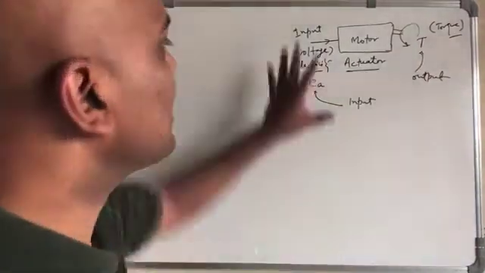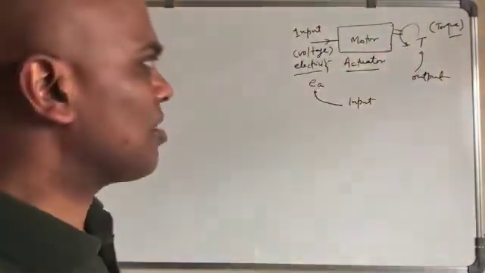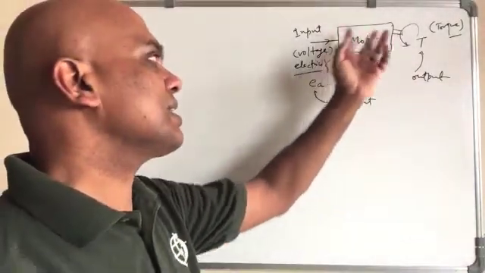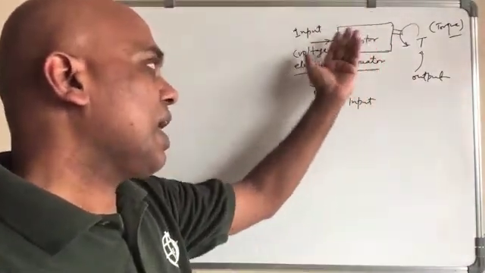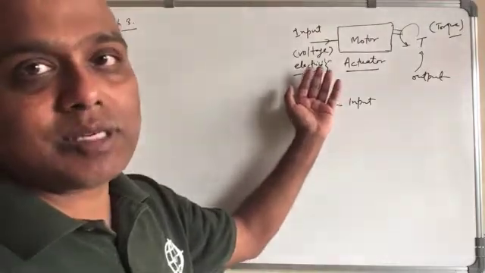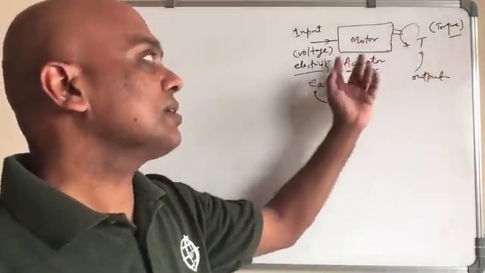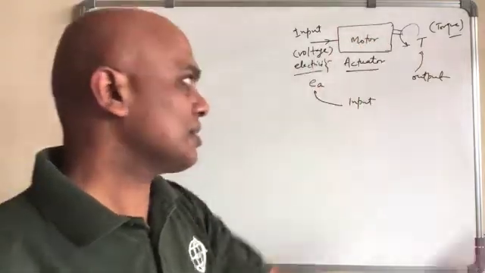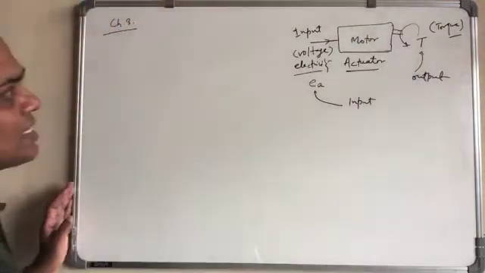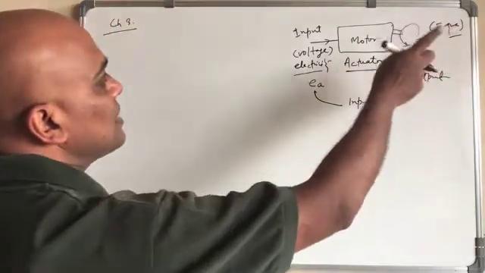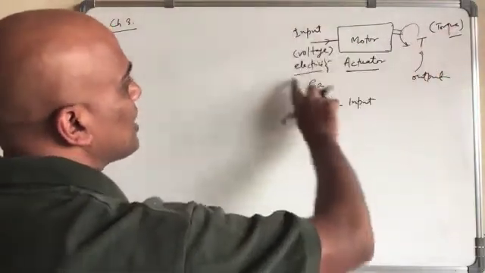Now there are some details we have to find out. This is a black box right now, so we have to find out how the electrical circuit is inside the motor. Second thing is how torque depends on some quantity inside it. So the first relationship will be the motor itself.